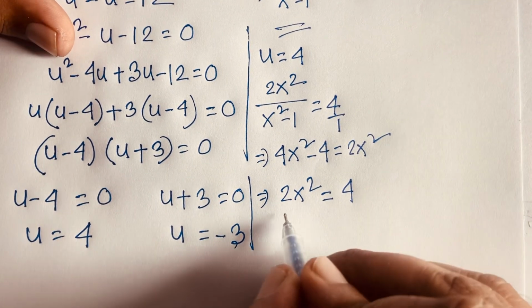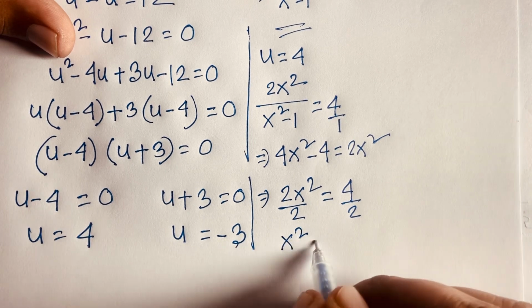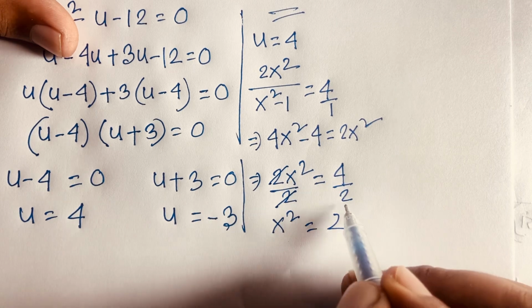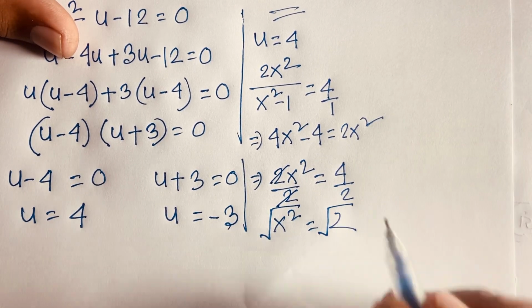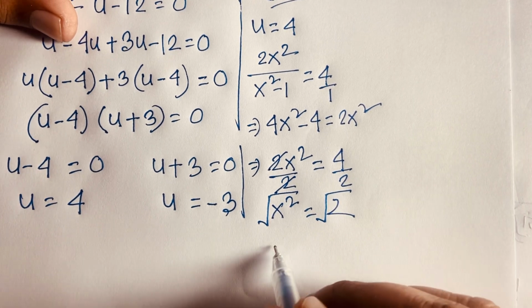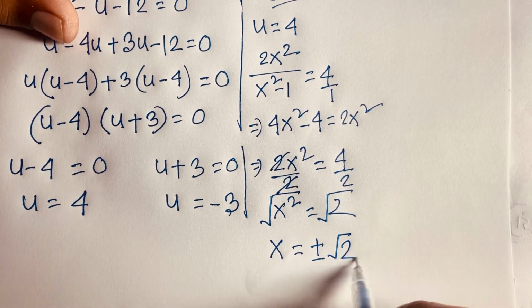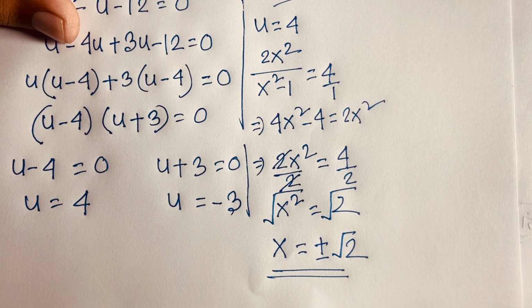Then if I divide both sides by 2, x² = 2. Then if I take the square root of both sides, we find x = ±√2. So this is the value of x in this math Olympiad question.